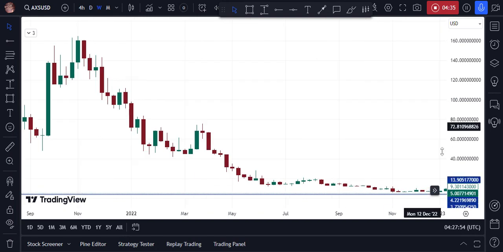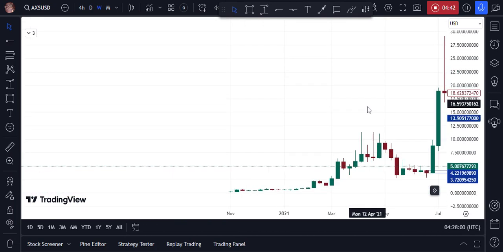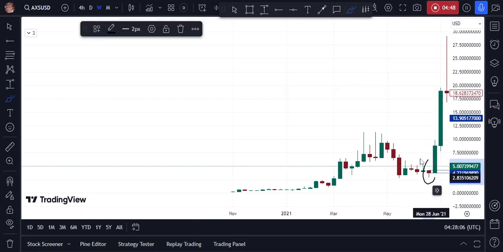I'm trying to make this big so you can see it. This is the red candle, followed by your green candle. This is what we call a bullish engulfing candle.